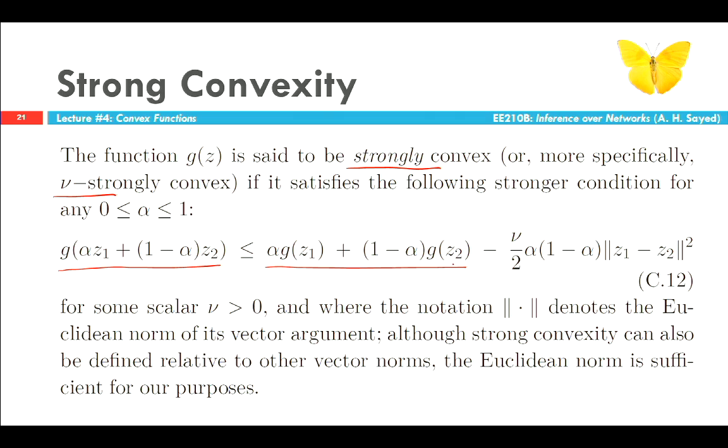So you have some margin below this. This is called strong convexity. And the margin is quadratic, it depends on the difference squared. So this is the definition of strong convexity. Let's see what this implies. And I'll give you examples again.